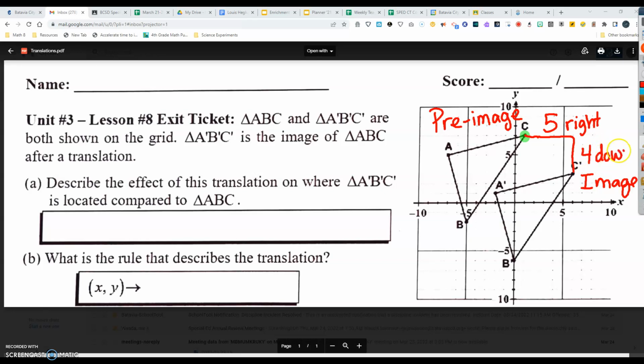Okay, so what does that mean in terms of the rule? Well, we'll get to that. But that's exactly what we would say for this problem, right?